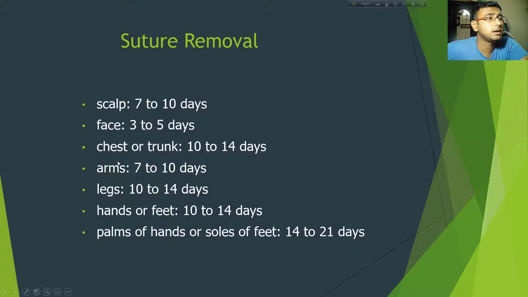Chest and trunk 10 to 14 days, arms 7 to 10 days, legs 10 to 14 days, hands and feet 10 to 14 days, palm and sole 14 to 21 days. Because they are peripheral parts of our body, there is less vascular supply, more chances of scar formation or non-healing because of lack of adequate blood supply.